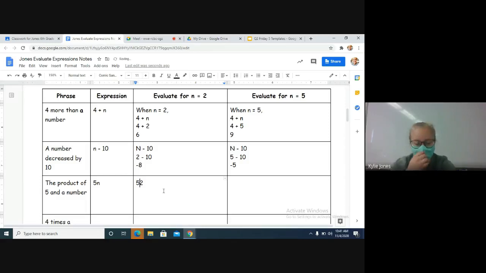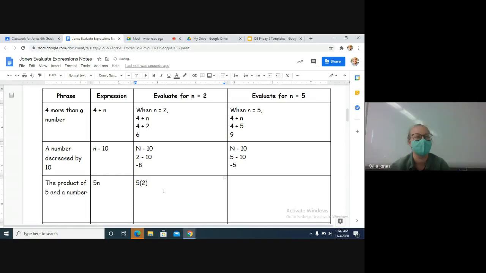So typically what you see is they will put it in parentheses instead to show you that you need to multiply 5 times 2. Because we know that parentheses next to a number is invisible multiplication. There's a lot of invisible multiplication with variables. So instead of writing an x as multiplication, because that could be mistaken as a variable, we put it in parentheses instead. And then we can solve. What is 5 times 2? 10. And that's it.